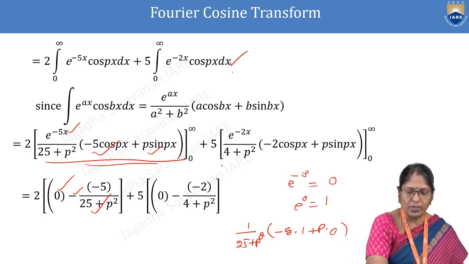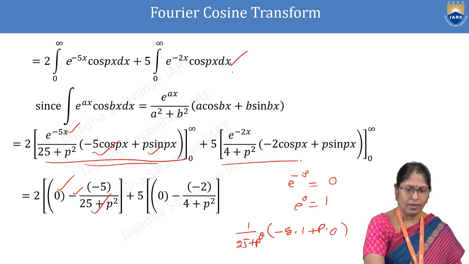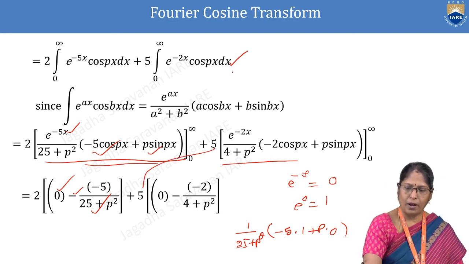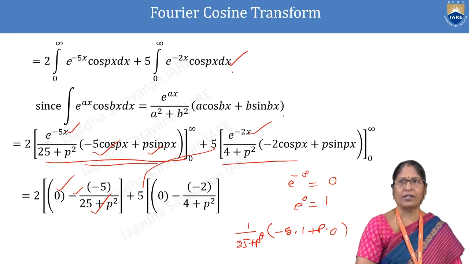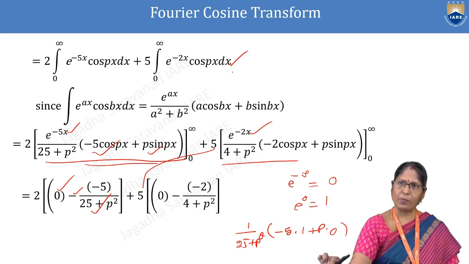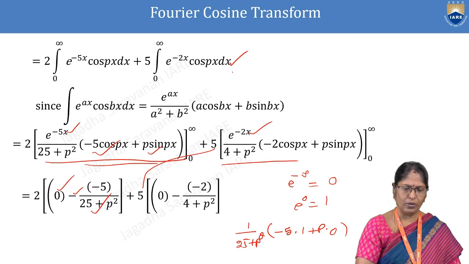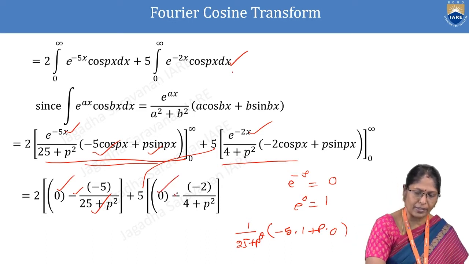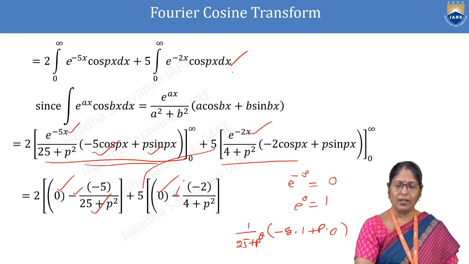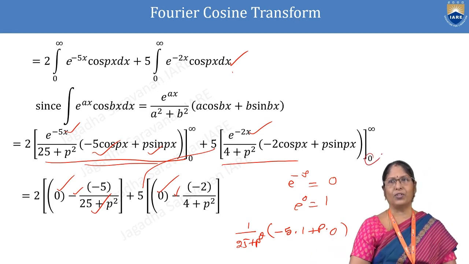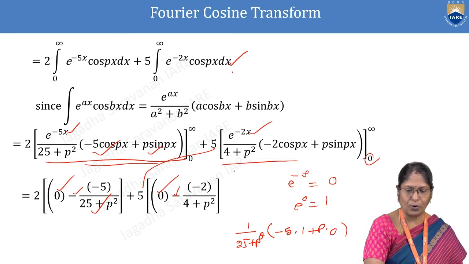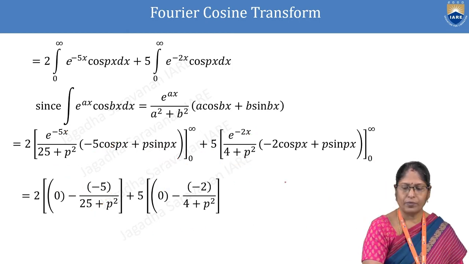Now we move to the second one. This plus 5 is written as it is. E power minus infinity is 0, so completely it has become 0. And minus, formula minus, the lower part is e power 0, which is 1, over 4 plus p square.